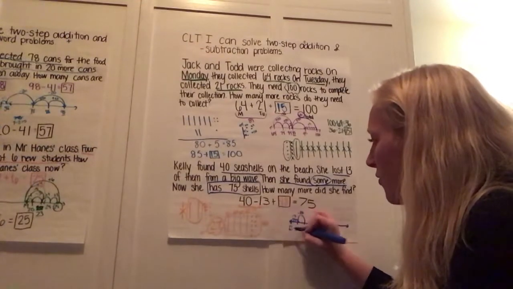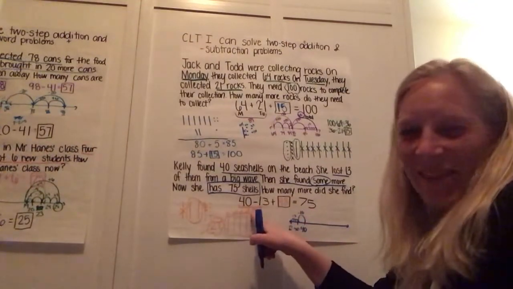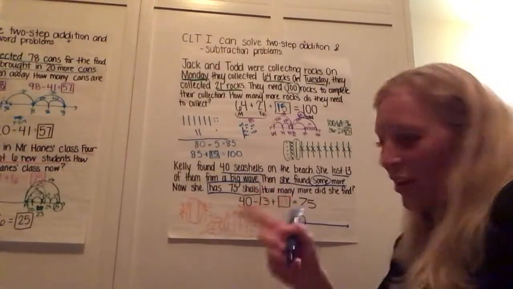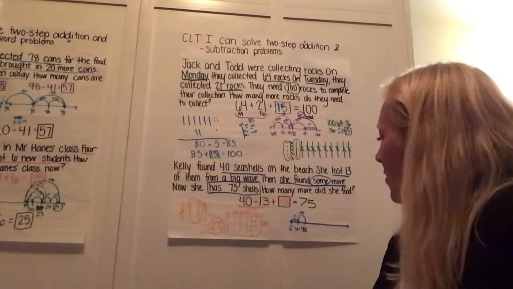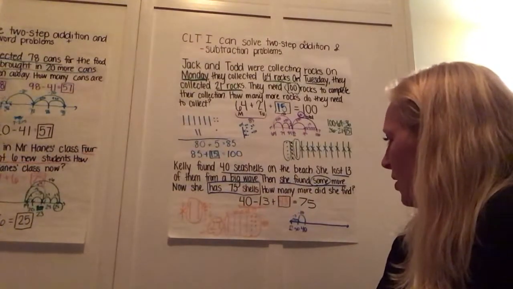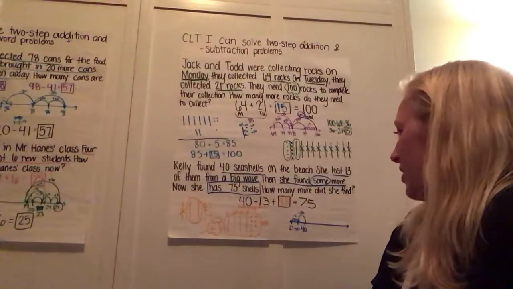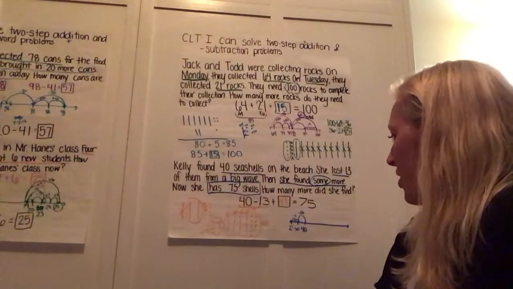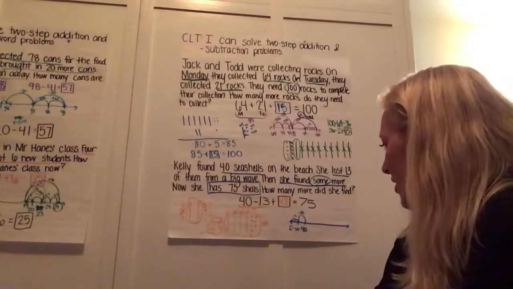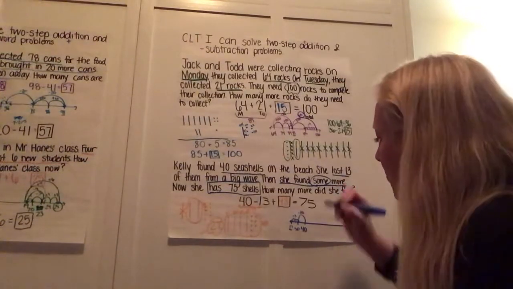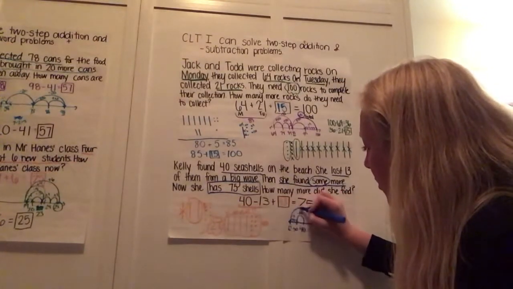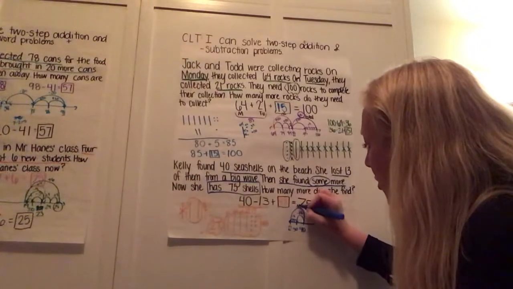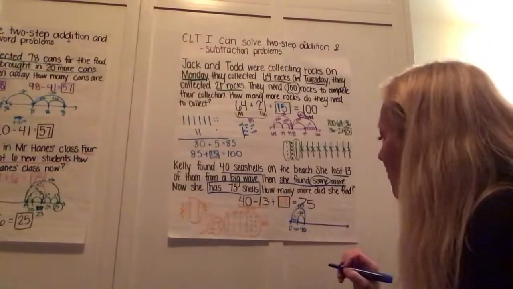Okay, so that's kind of our first stop. 40 take away 13 is at 27. Looks familiar, doesn't it, friends? Then what did you do? Oh, dear Gussie. So you're at 27 and you're trying to get to 75. All right, so you took away 13, you're jumping, and you're going to add 13. Okay?